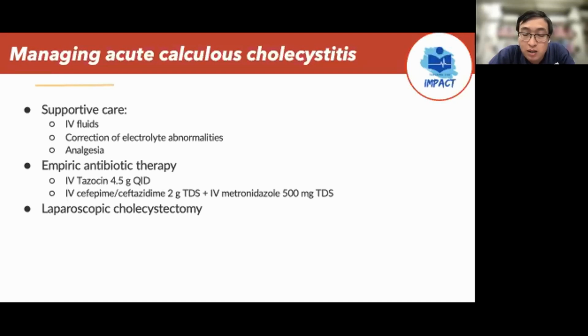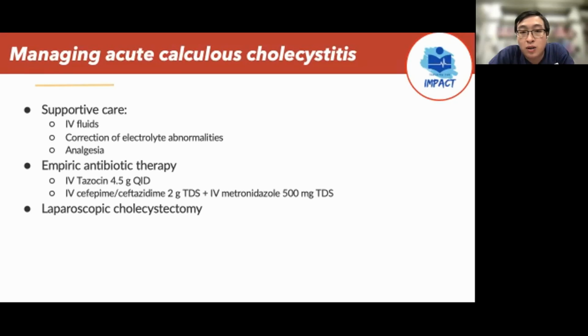What kind of antibiotics would you place a patient on? Usually you think about what pathogens you need to cover, and just like you usually find gut bugs in the gallbladder, the most common isolates are things like E. coli, Enterococcus, Klebsiella, Enterobacter, etc. Usually, the most commonly prescribed antibiotic is IV Tazocin.